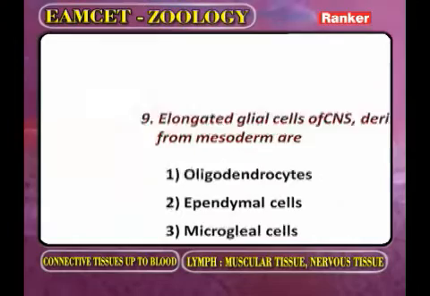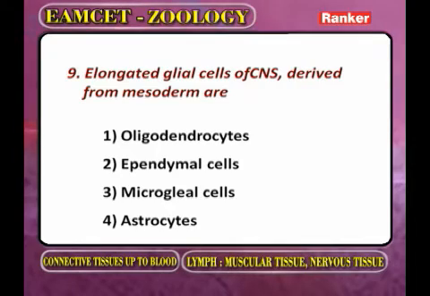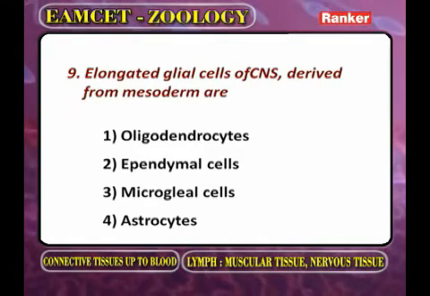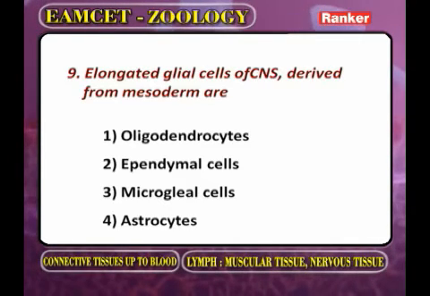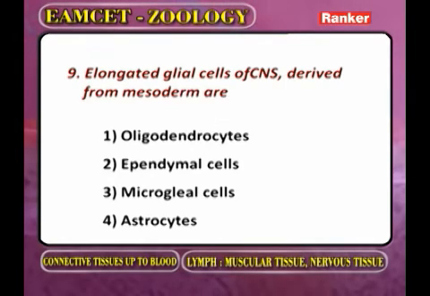Move to the next question. Elongated glial cells of CNS. What is meant by CNS? Central nervous system. Derived from mesoderm. The options: oligodendrocytes, ependymal cells, microglial cells, astrocytes.